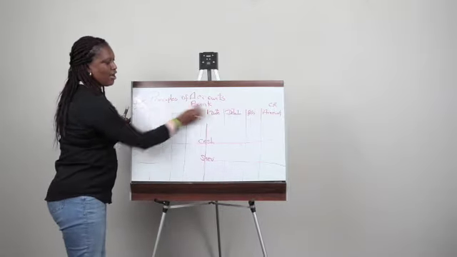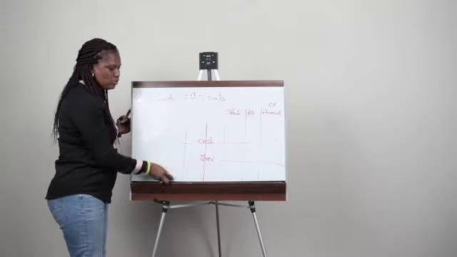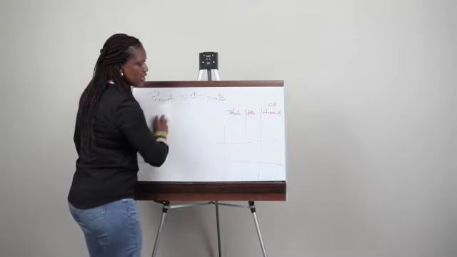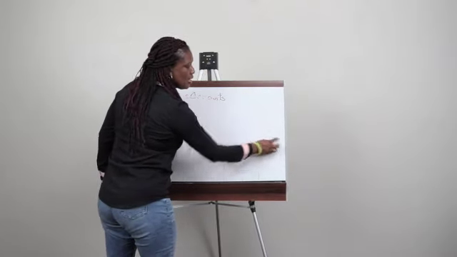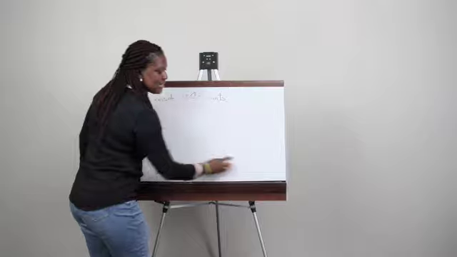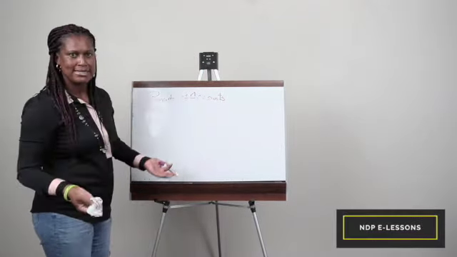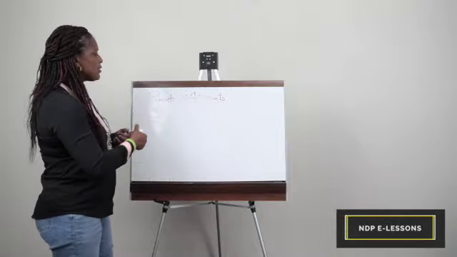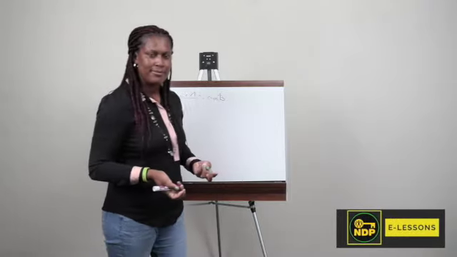And I'll take this off because you will have this already ruled in your student ledger. It's just to put in your credit and your debit. Some student ledgers would have the headings already. Others, you will just have to write it in. So we're going to learn the rule for asset.